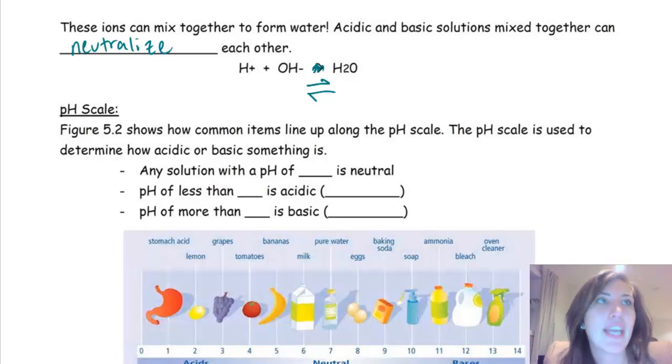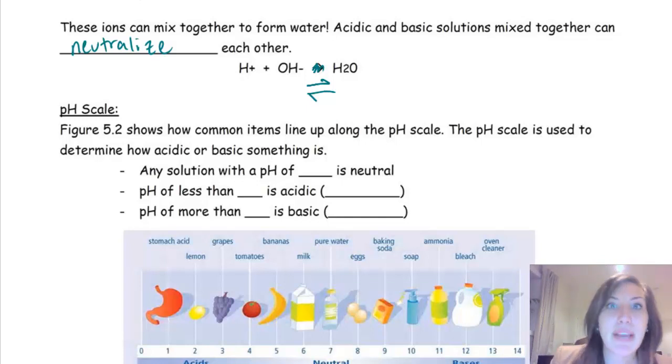If you have, say, lots of hydrochloric acid in your stomach lining and it is burning your stomach and you have a stomach ache because of it, you can take something like Tums, which are those little pills made of calcium carbonate, and that can neutralize the acid in your stomach and cause your pain to go away.